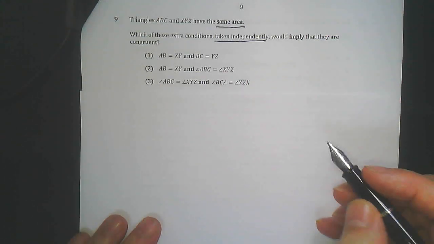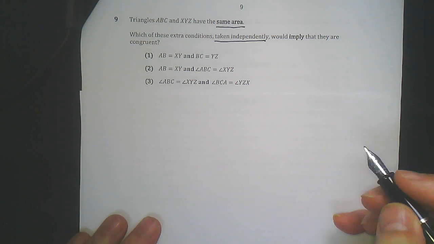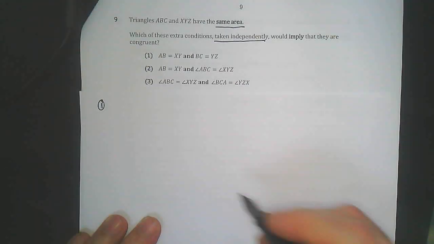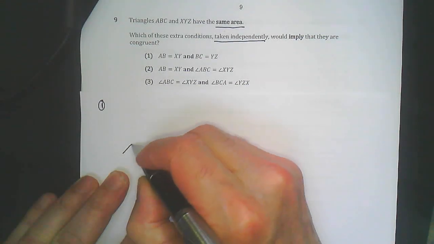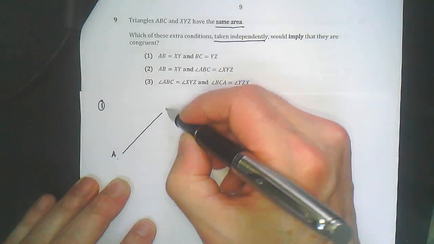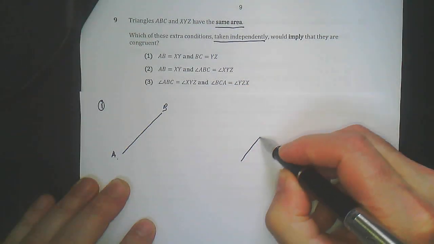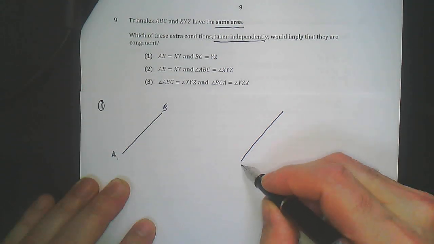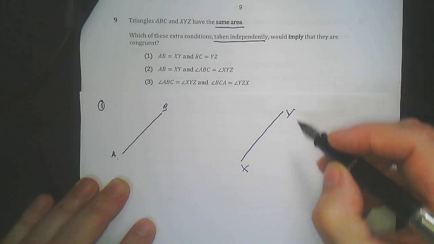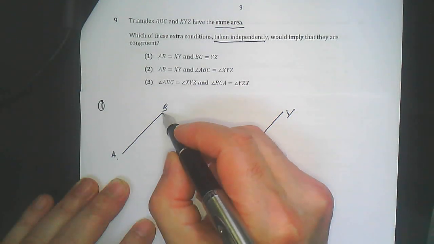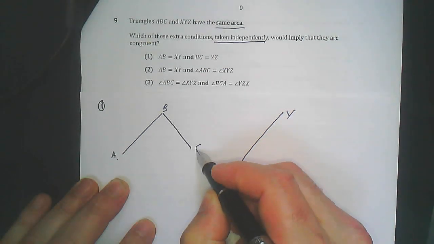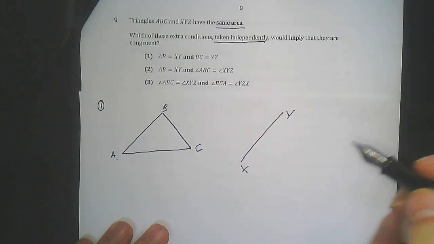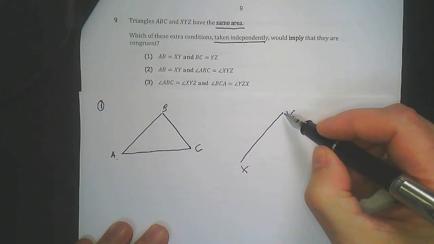Part 1 is AB is the same length as XY and BC is the same length as YZ. So let's draw AB, A to B, and then I'll draw XY in the same place, but I'm going to draw BC down here to complete the triangle, and I want BC to be the same length as YZ.